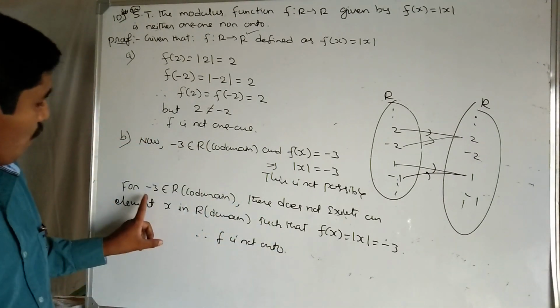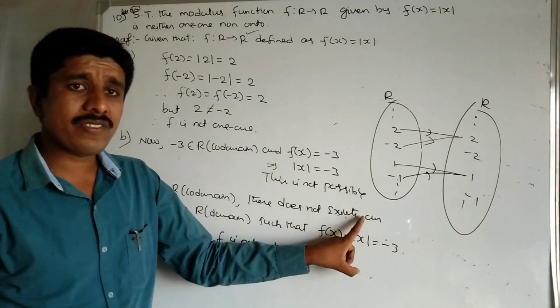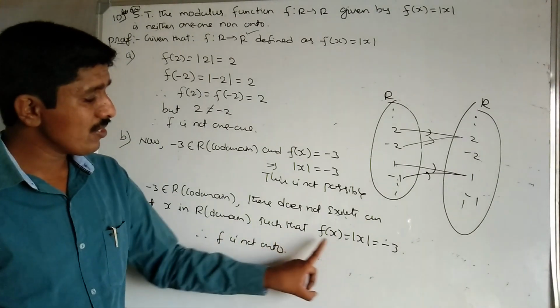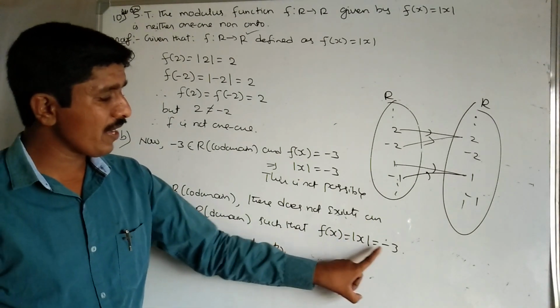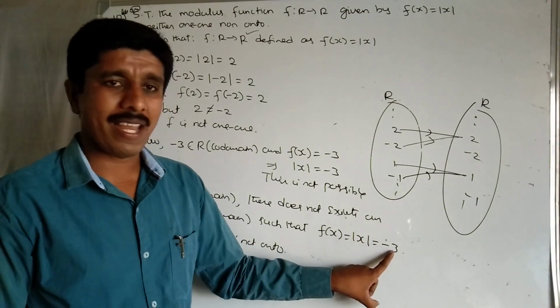Mind it. For minus 3 belonging to our codomain, there does not exist a pre-image element x in our domain such that f of x equal to modulus of x equal to minus 3. Here, whatever real number x you take, it will not give minus 3.